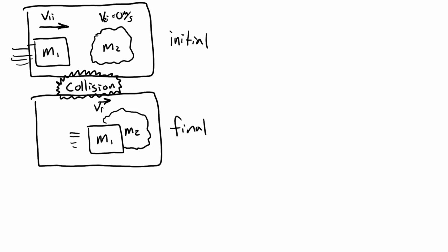So how's that going to affect our equation? The equation is still the same. Technically, it's still the initial momentum in the beginning. The total momentum of this plus that initially is equal to the final momentum of these two together.